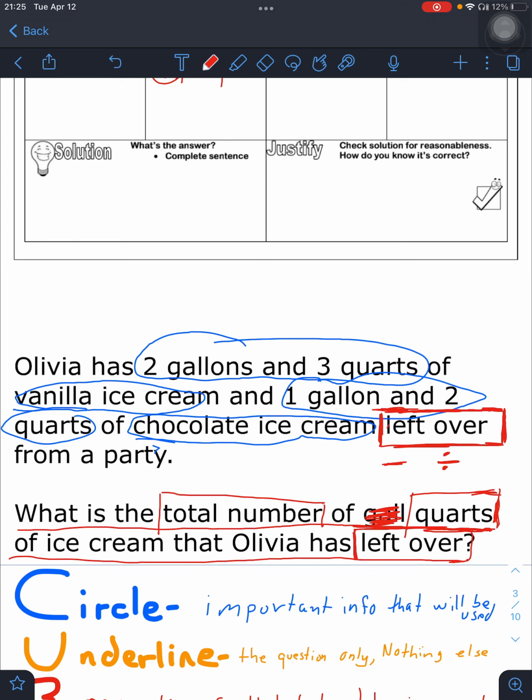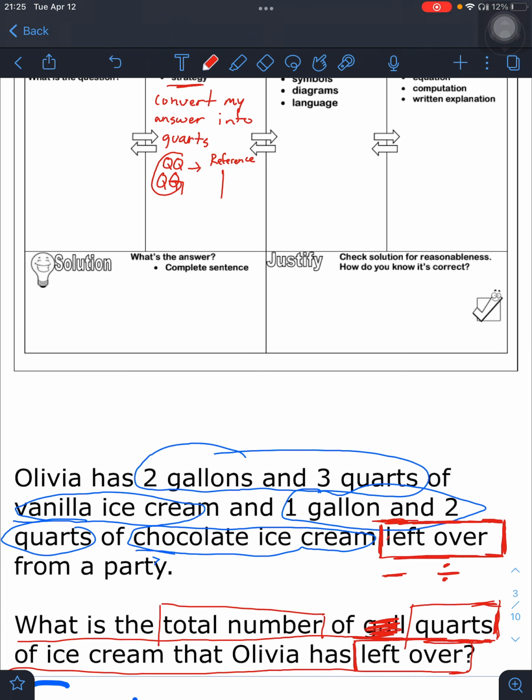So if she has vanilla ice cream left over and chocolate ice cream left over, we have to combine them together to get our answer. So our plan is going to be to add our vanilla ice cream plus our chocolate ice cream, get our total, and then convert it to quarts only.